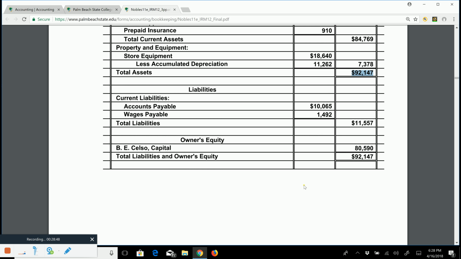And the other side of the balance sheet is going to be your liabilities and your equity. Liabilities will be broken down into two subcategories: current liabilities and long-term liabilities. In this example, we only have current liabilities. Those are those liabilities that will be paid within 1 year of the balance sheet date.